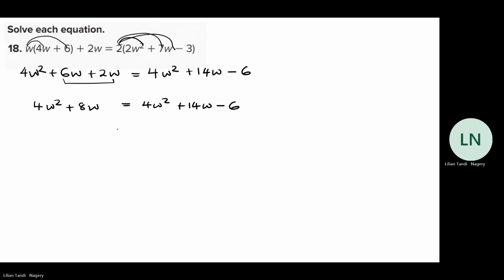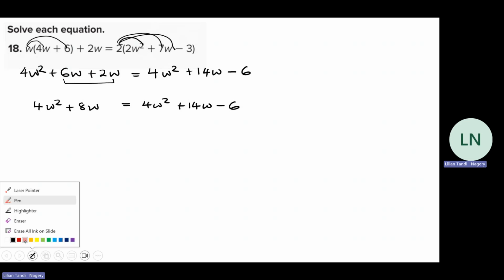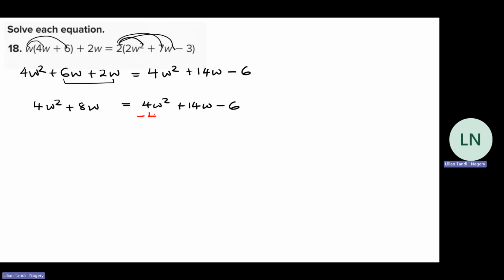Okay, then what happens? We put our friends together. I can just cancel this and this because I know there will be 0. But show your steps. Negative 4w squared, negative 4w squared, 0. I'm left with 8w equals to 14w minus 6.